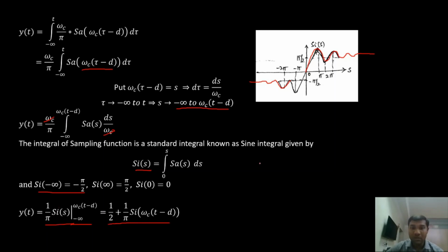So how does this output look? That is what we're going to see now. Okay. So first, this is nothing but a sine integral, a delayed sine integral, right? By how much is it delayed? It is delayed by d. So let me draw the same sine integral delayed by d. I mean the time delay is d.